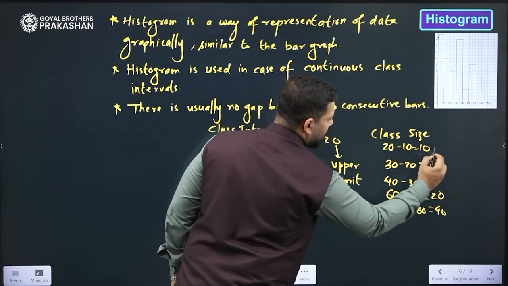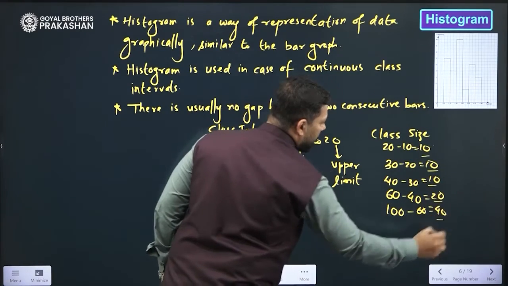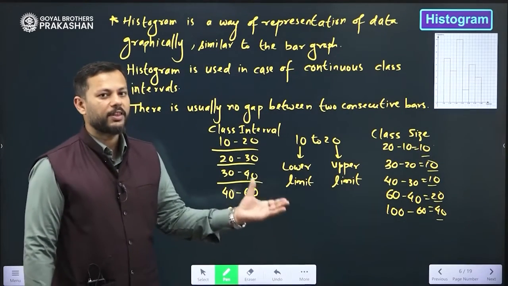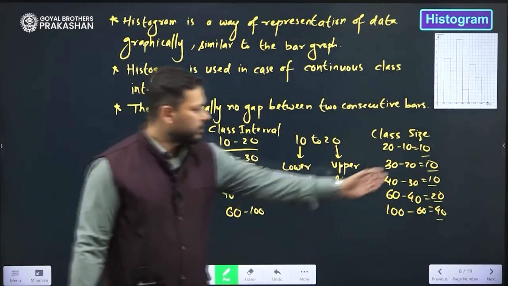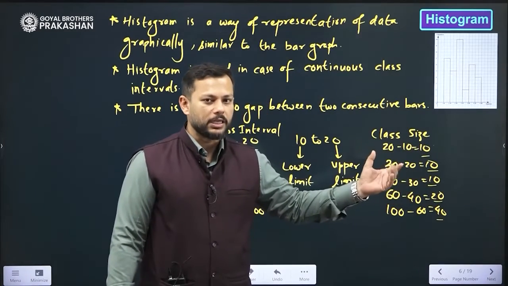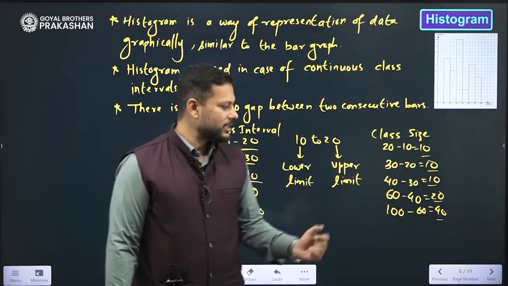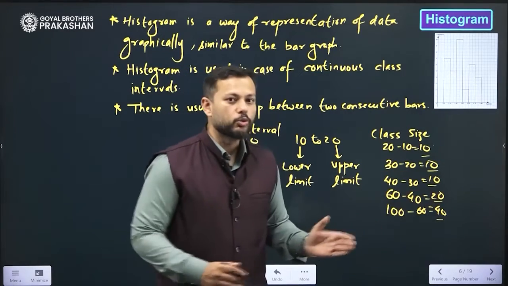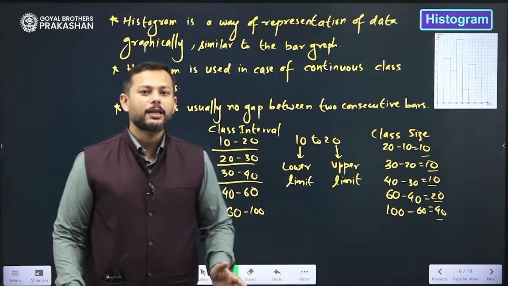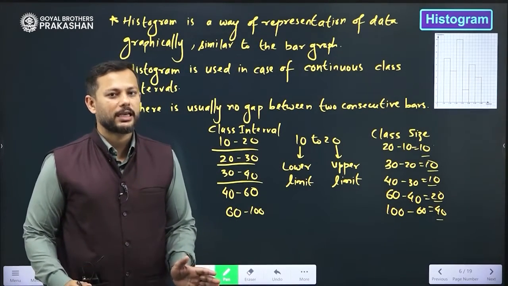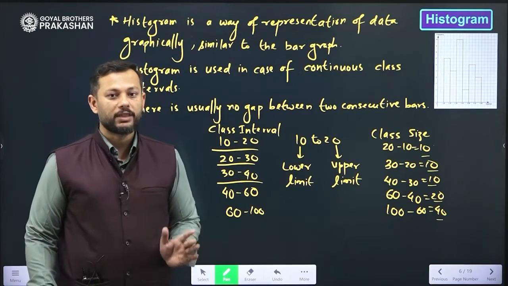So now the class sizes are not the same, they are different. So the width of that histogram's rectangular bar will also be different. Like for these three, it will be 1 centimeter each. If we take 10 as 1 centimeter, for this it would be 2 centimeter wide. For the next one, it would be 4 centimeter wide. And it totally depends upon the class size of the class interval used over there.